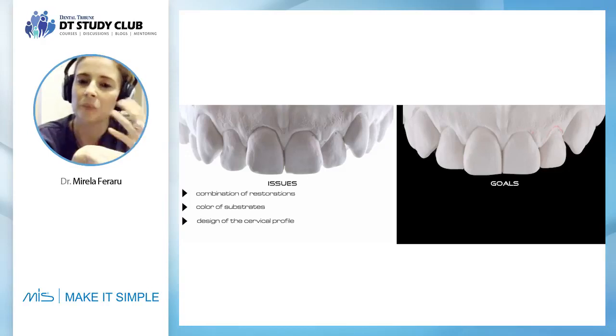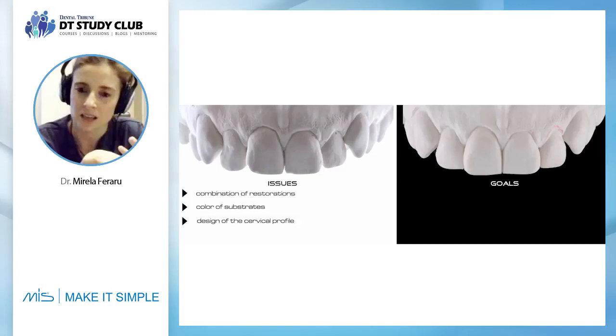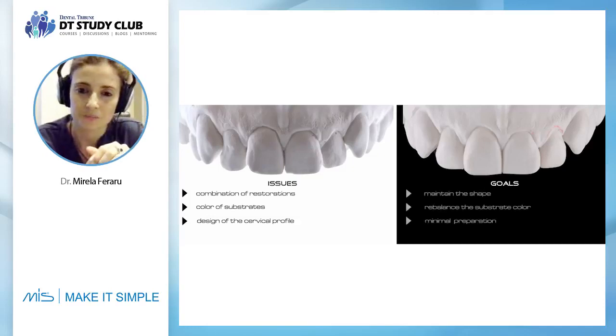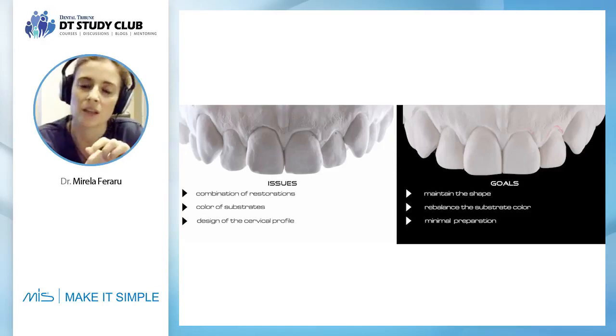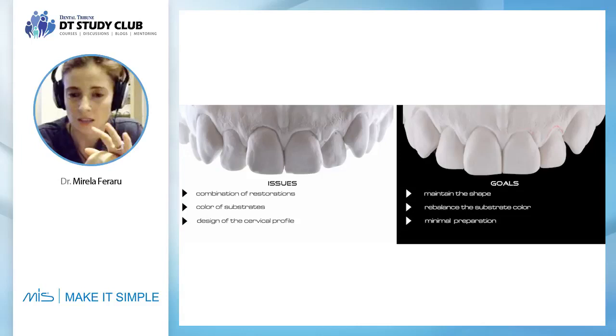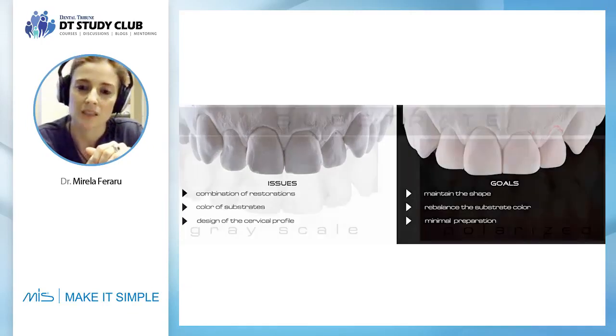So he didn't want people to notice that something has changed and that he has undergone a dental treatment. So we will have to maintain the shape, more or less, of the anterior teeth. We will try to rebalance the colors, the substrate colors, of course, and follow a minimal preparation procedure during the prosthetic steps.